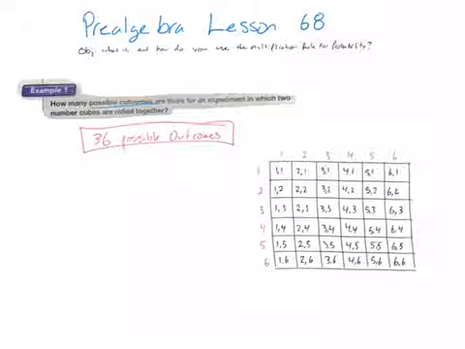Okay, and there's what we call the fundamental counting principle, which means that if there's 6 options to the first one and 6 options to the second one, you can just multiply those. Because notice 6 times 6 is equal to that 36. So we could have just multiplied 6 times 6 and gotten the answer.